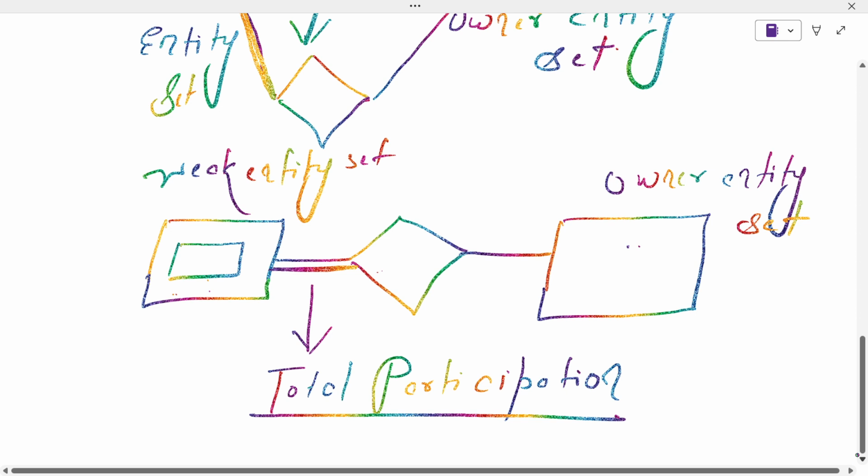And each owner can have many weak entities, so this should be many, M. Every entity in this owner entity set can be related to many weak entities of the weak entity set.